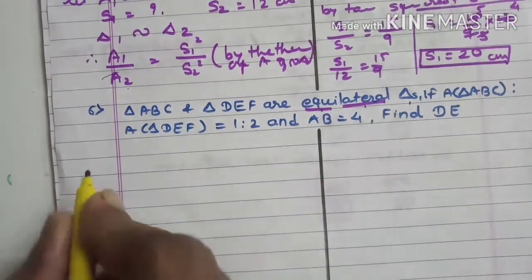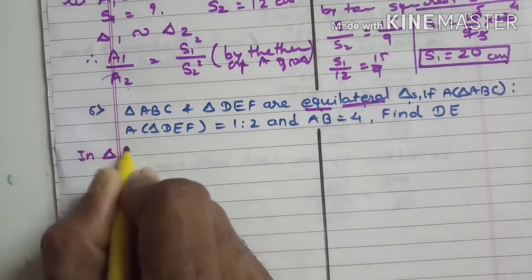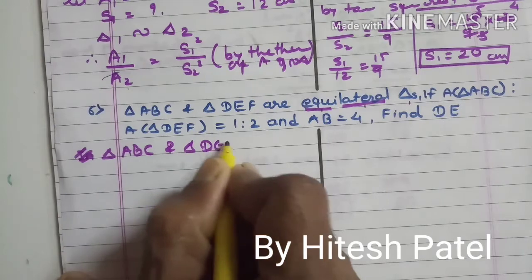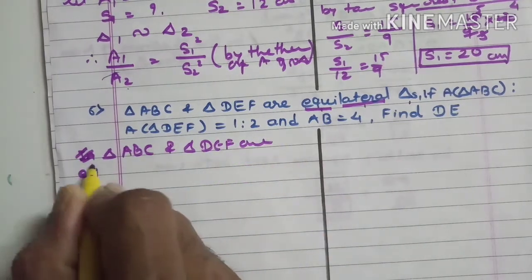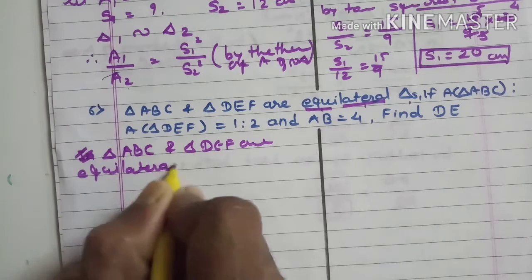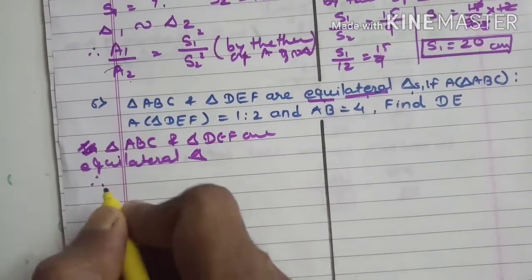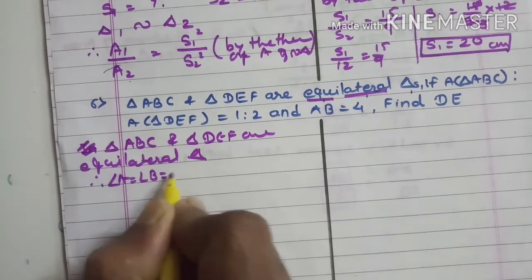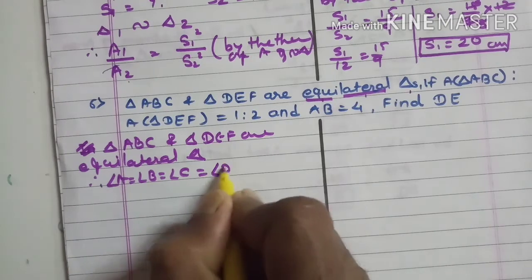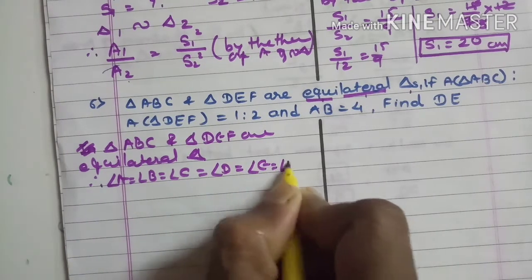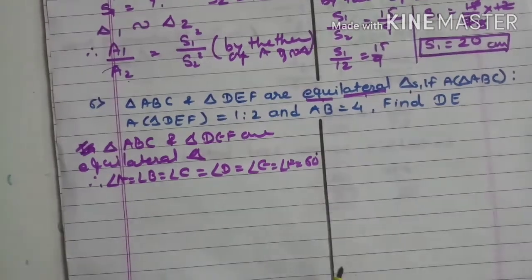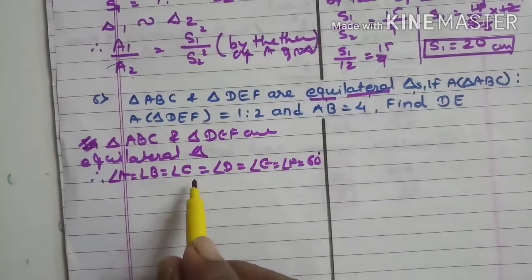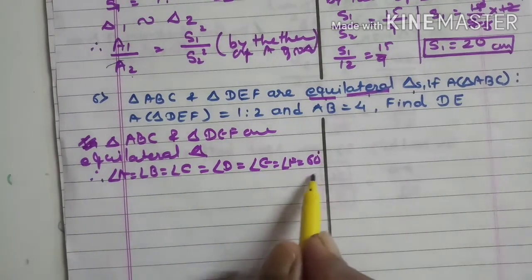So triangle ABC and triangle DEF are equilateral triangles, therefore all angles are equal, so angle A is equal to B is equal to C is equal to D is equal to E is equal to F is equal to 60, according to the definition of equilateral triangle. The measure of all angles A, B, C, D, E, F is 60.